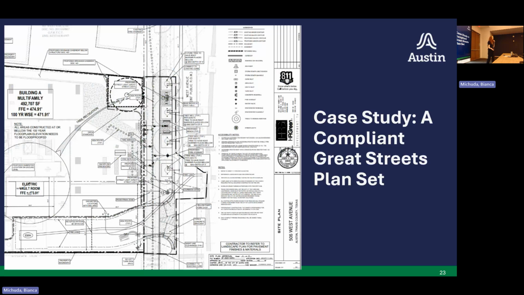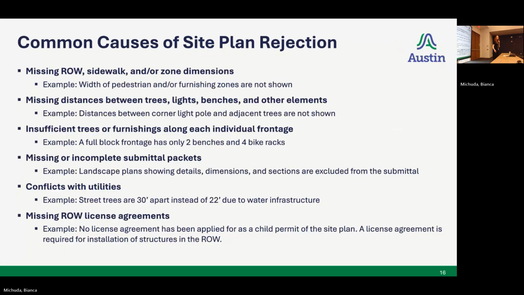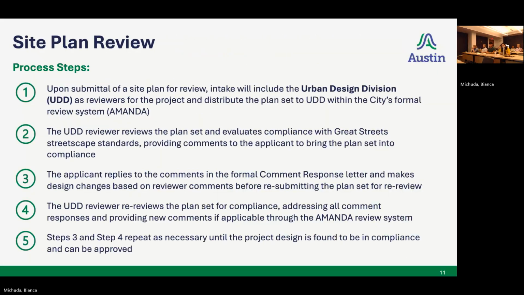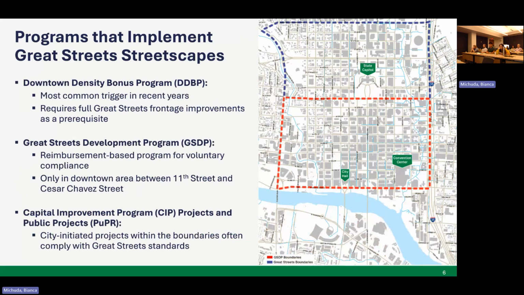One example is Congress. Congress is a little different. It is within the boundaries of Great Streets, right here, but it's not called out as a cross section in the Great Streets plan.